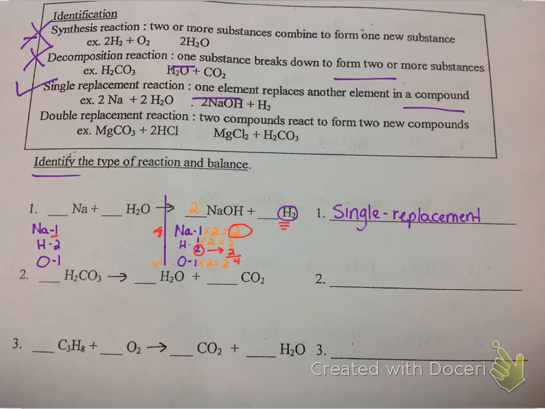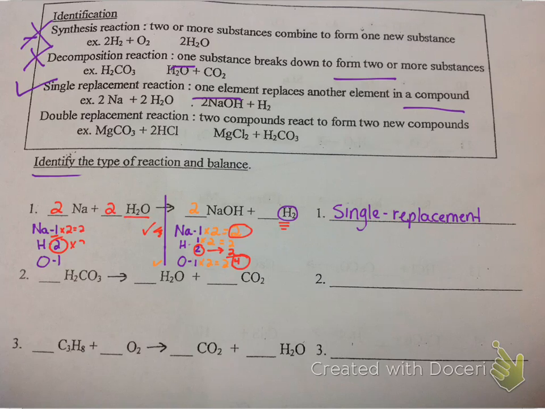So that's an easy fix. If we put a coefficient of 2 in front of the sodium, then that's going to balance our sodiums. Now looking at our hydrogens. We have 4 on the product side and only 2 on the reactant side. So if we put the coefficient of a 2 there, what's going to happen is everything behind the 2 gets multiplied.